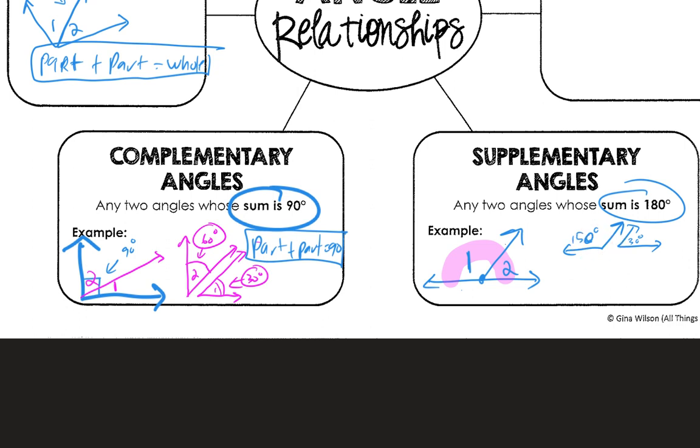So if you have this or even like this, these are called supplementary angles. So what would we use? If we use part plus part equals 90 on the other one, on this one we would do part plus part equals 180. Okay, so that's the one that we were doing, part plus part equals 180.